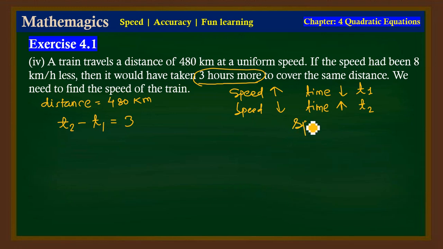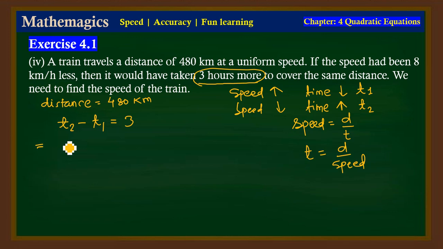We know earlier that speed is equal to distance upon time. But here the time is required, so we just take the time to this side, and time becomes distance upon speed.